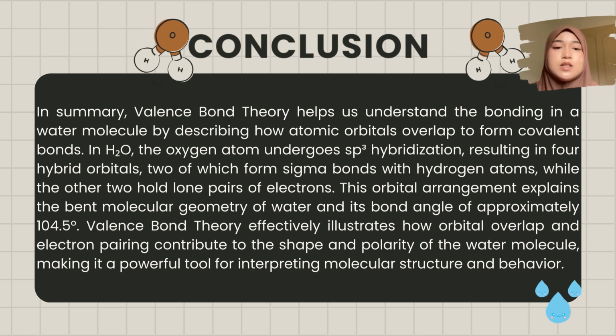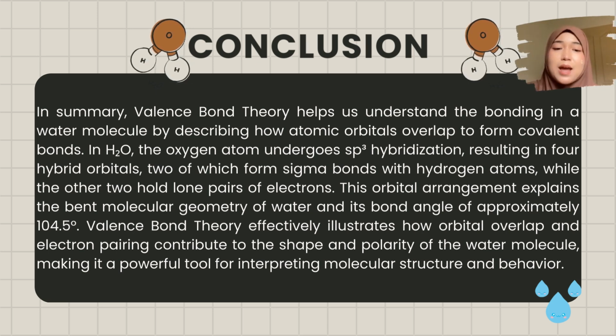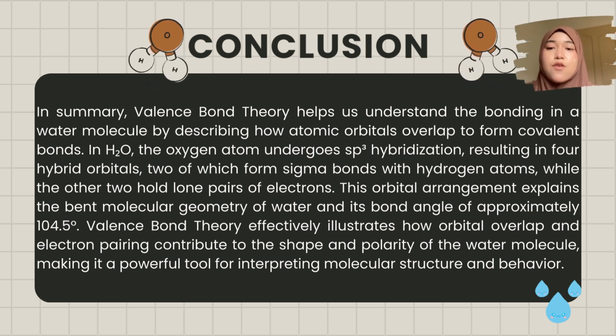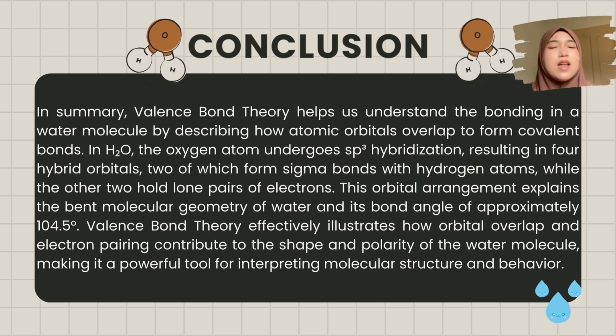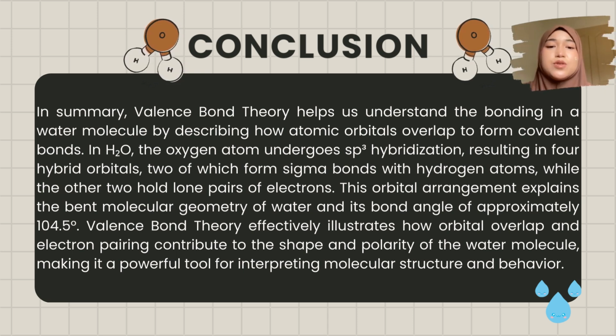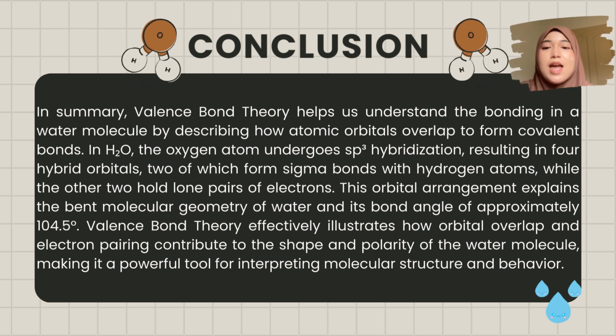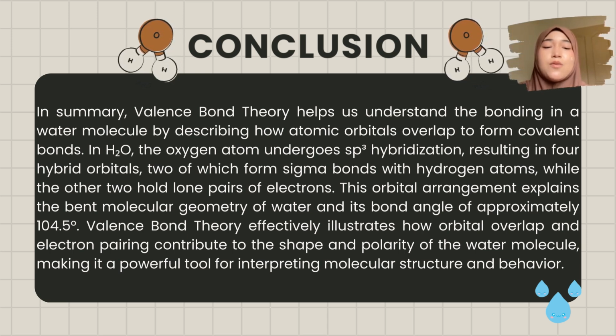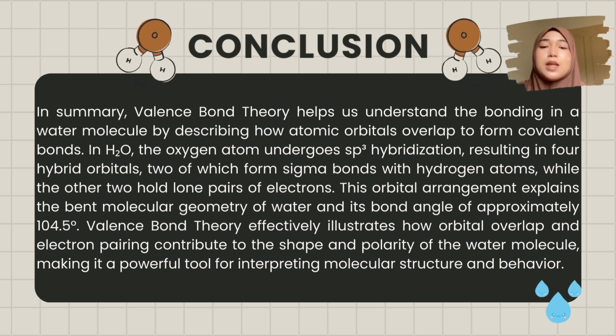This orbital arrangement explains the bent molecular geometry of water and its bond angle of approximately 104.5 degrees. Valence bond theory effectively illustrates how orbital overlap and electron pairing contribute to the shape and polarity of the water molecule, making it a powerful tool for interpreting molecular structure and behavior.